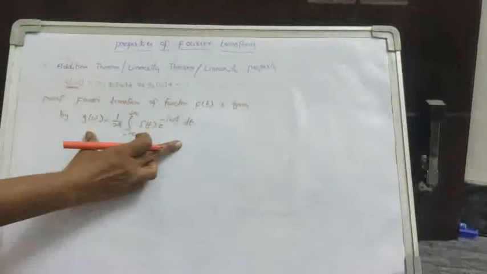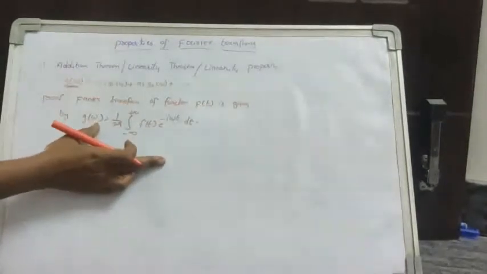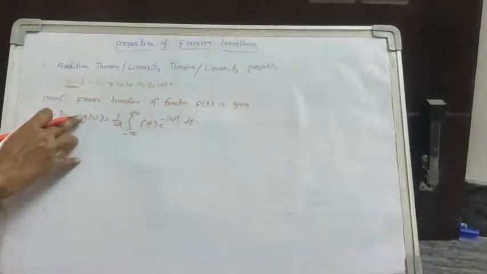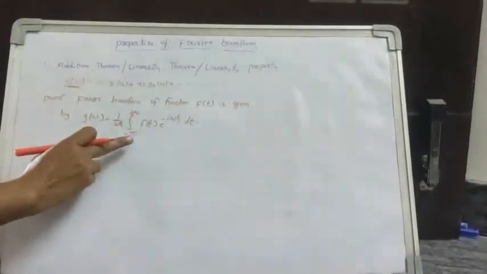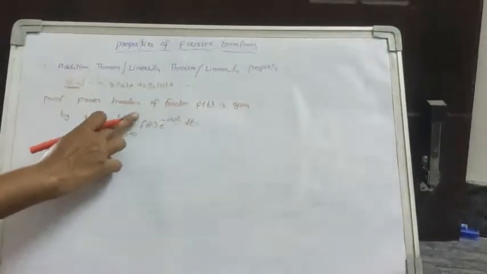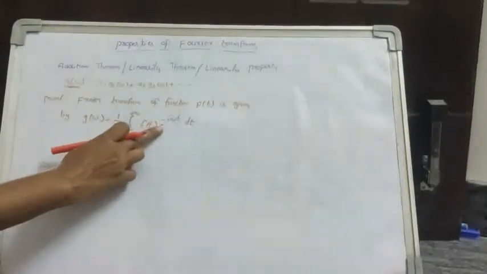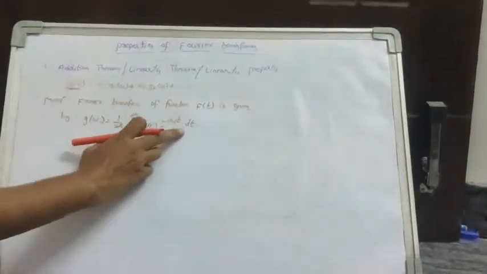Already you have defined what g of omega is. We know g of omega is given by 1 by root 2 pi integral minus infinity to plus infinity f of t into e power minus i omega t dt.